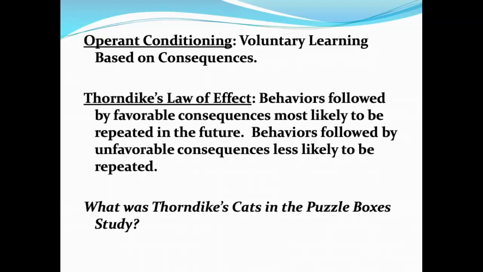Meaning, if you do something and something you like happens, or something good happens, typically, I don't want to say good or bad, okay? But if something that you prefer happens, then you'll probably do it again. If you do something and something that you don't prefer or don't like happens, you probably won't do it again.